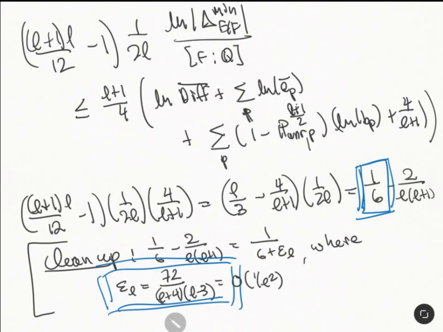Okay, so let's put this all together. When we put this all together, we get the following inequality.